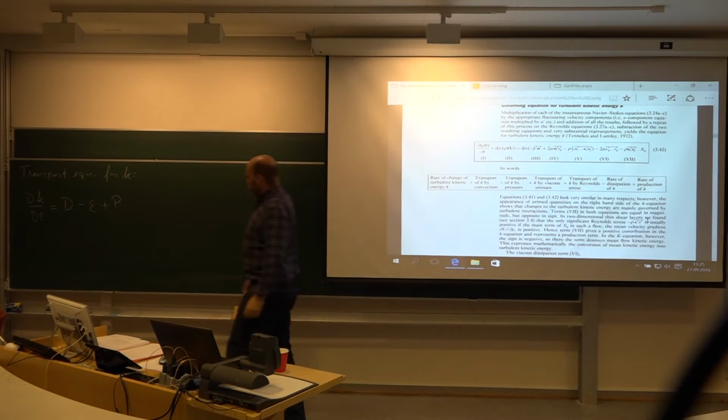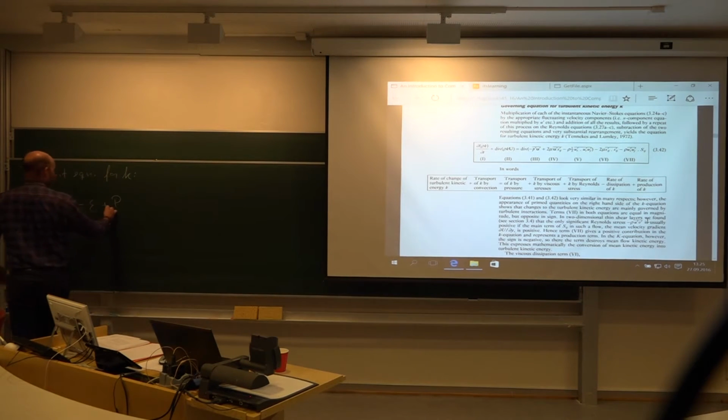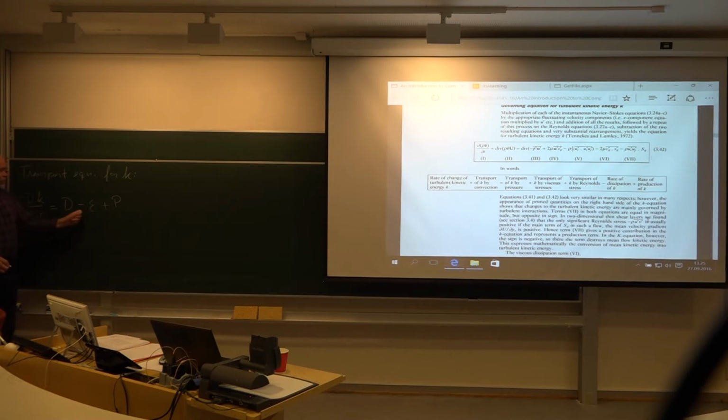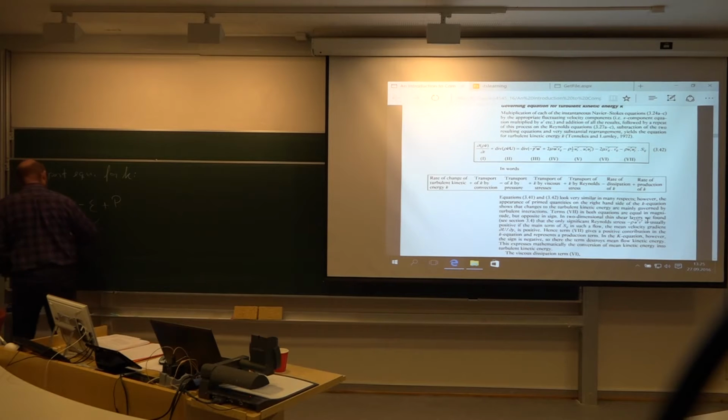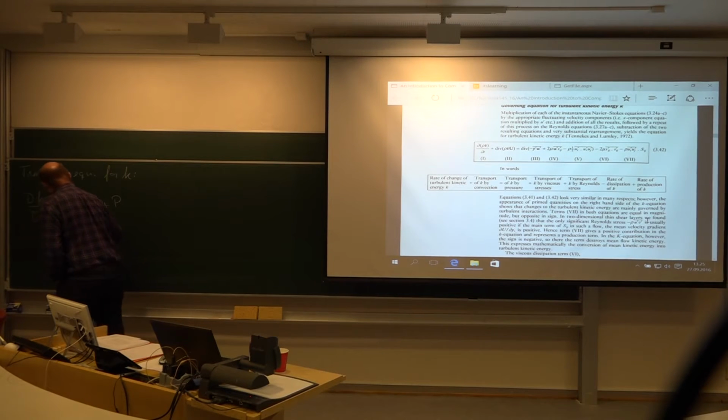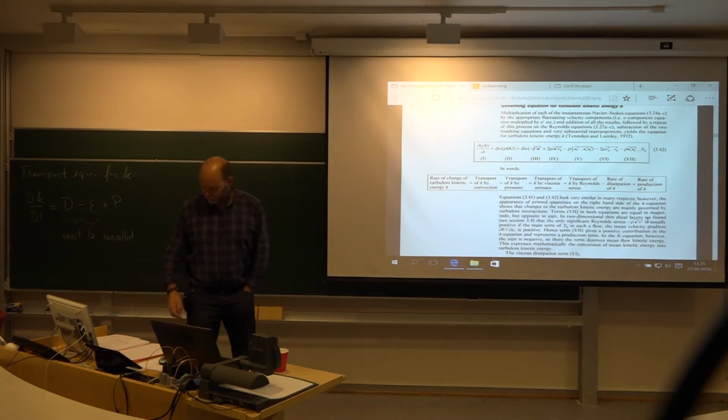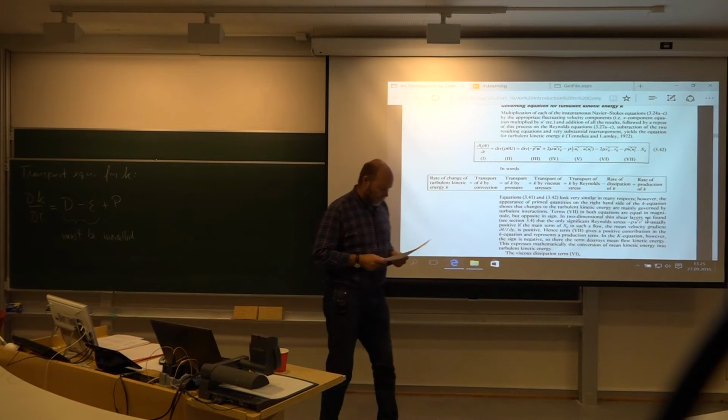So the production term, we can have that one fairly correct. But these two terms, forget it. You have to model them. You don't have any option here to find these terms correctly. No way.